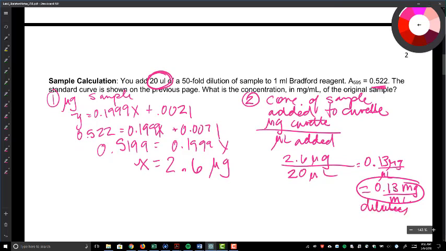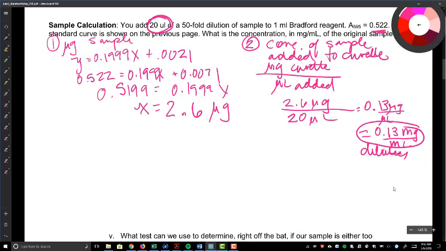But now we have to go back and account for the 50-fold dilution. So what we need to do is get the concentrated sample.